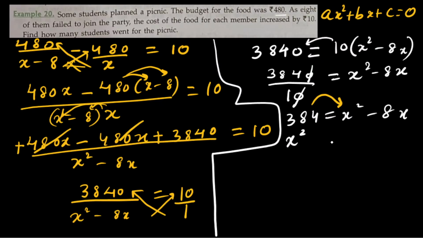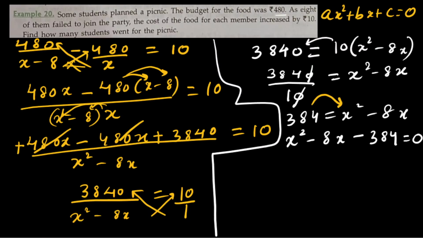I'll get x square as it is, minus 8x as it is, and this 384, when I shift to the other side, will become minus 384. On the other side I don't have anything, so I'll just write equal to 0. So this is the required quadratic equation, x square minus 8x minus 384.